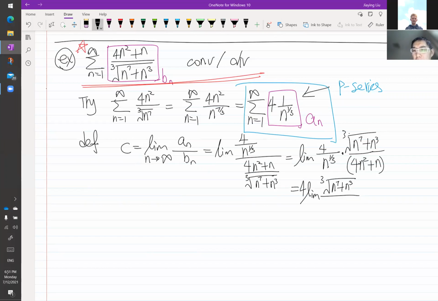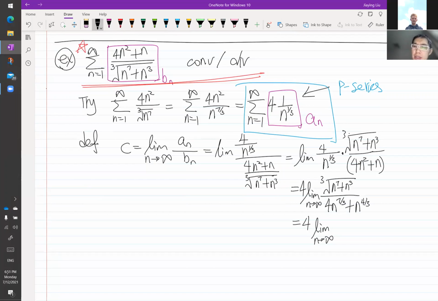So that's n to the 1/3 times 4n squared, that's 4n to the 2 is 6 over 3, so 7/3. And the next term is 1 plus 1/3, so n to the 4/3. And then that becomes 4 times the limit as n goes to infinity of this expression. And I'm just going to take a shortcut. How do we take the limit of this?